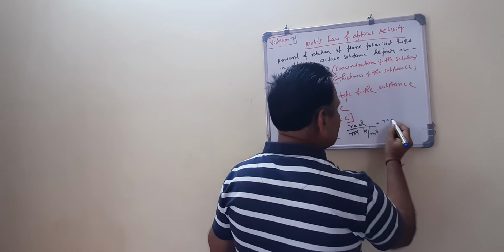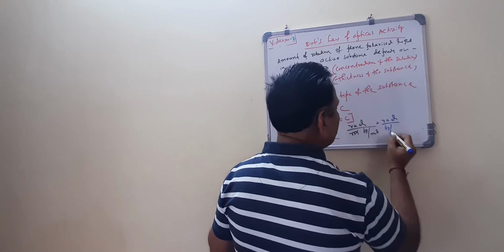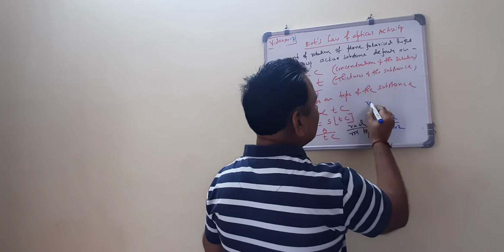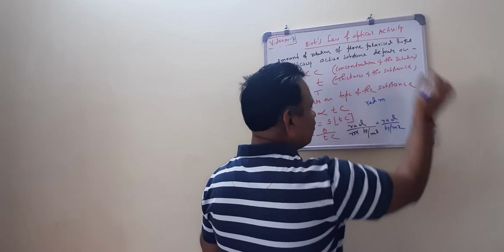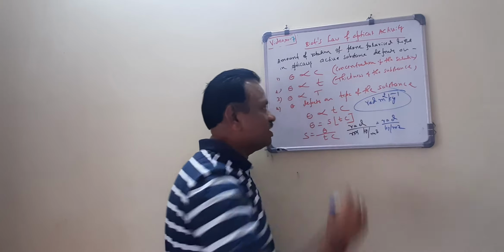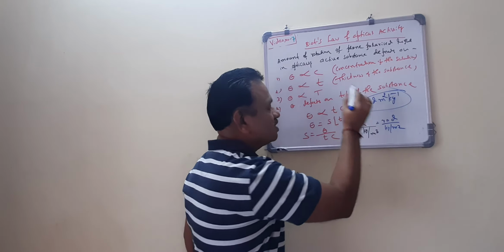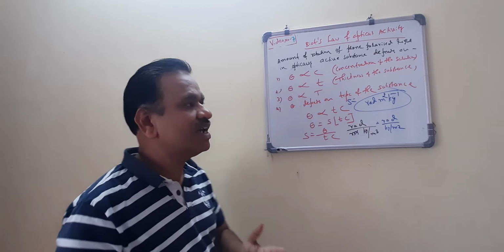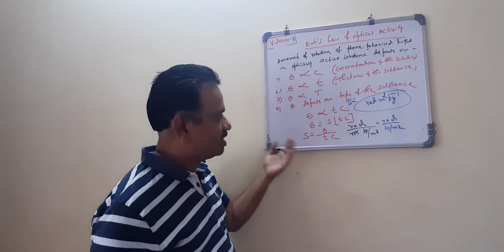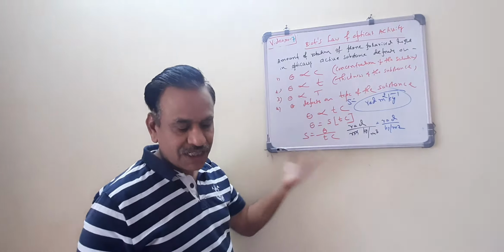So the unit is radian m squared per kg, or radian m^2 kg^-1. This is the unit of S, called specific rotation. You may have calculated the value of S in the polarimeter experiment in the laboratory.